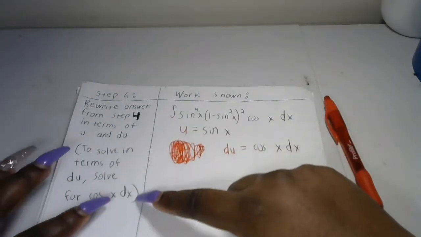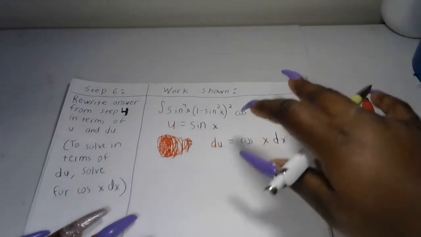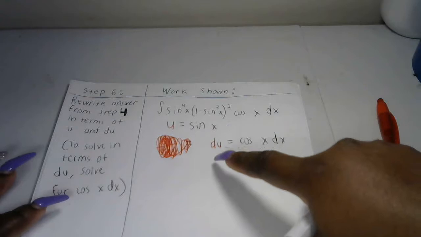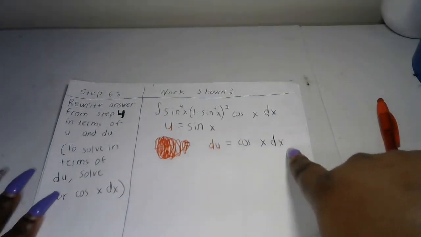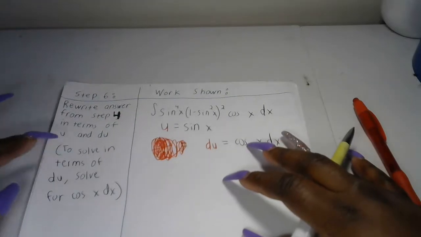If it's like this, that's fine. You can skip the step and just keep going. But if it's not already like this, if this was like a negative sign or something like that, then you would just solve for only cosine x dx. Since it's already like this, it makes life easier.